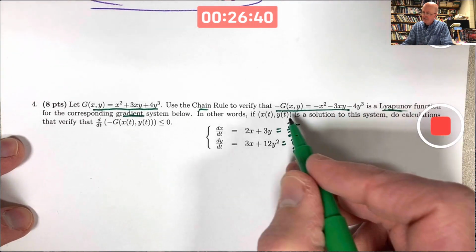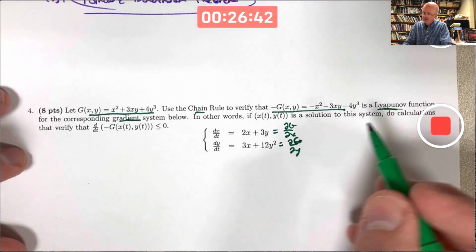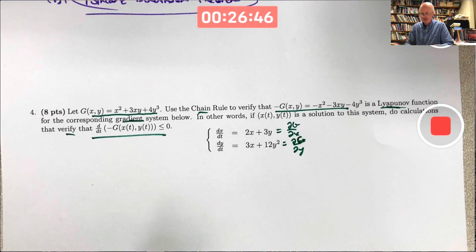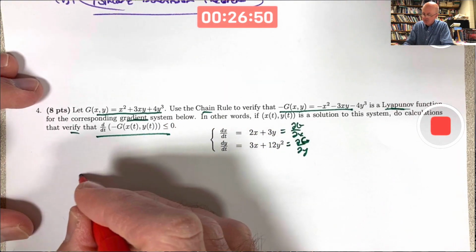But we want to show its opposite is what's called the Lyapunov function. We want to verify that this derivative is always less than or equal to 0. To do that involves the multivariable calculus chain rule.